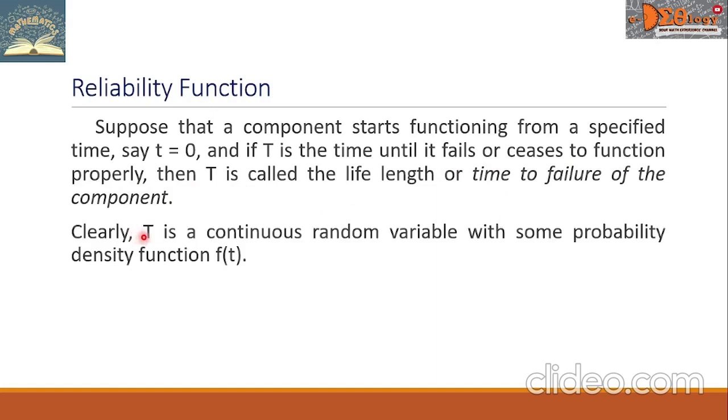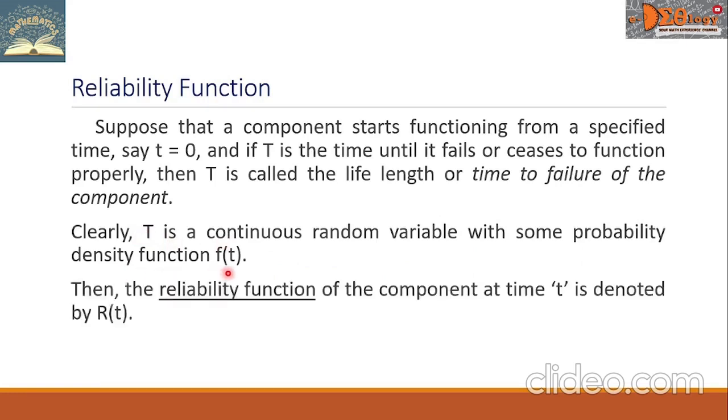Clearly, capital T is a continuous random variable with some probability density function f of t. Then, the reliability function of the component at time t is denoted by capital R of t.